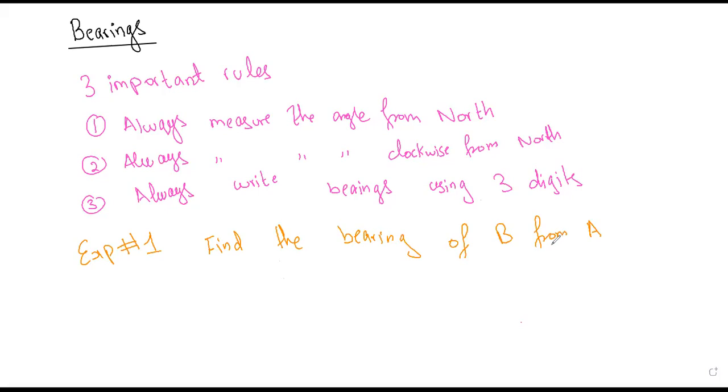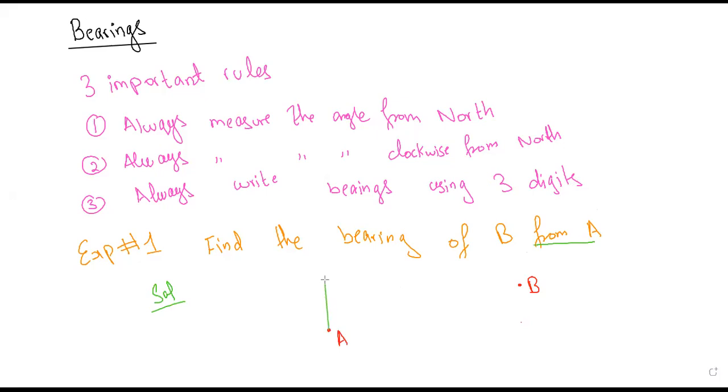All right. So we have 2 points, A and B. This is what we have in the question. And now I am going to talk about the solution. Okay. So these are the 2 points. I need to find the bearing of B from A. Whatever point you have after from, make notes on that.